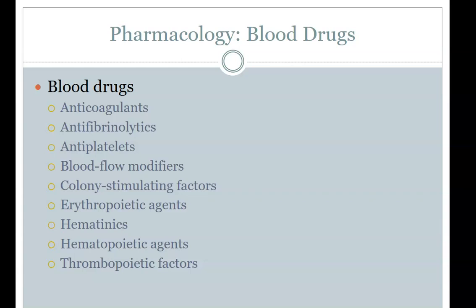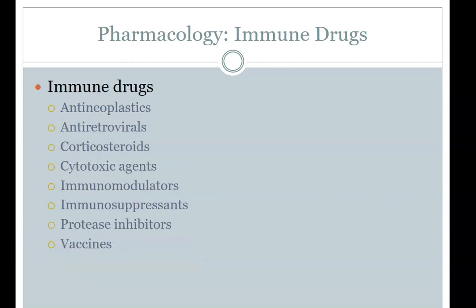Hematopoietic agents stimulate blood cell production. Subdivisions of this class could include colony stimulating factors, erythropoietic agents, and thrombopoietic factors. Your thrombopoietic factors stimulate the production of thrombocytes and platelets.